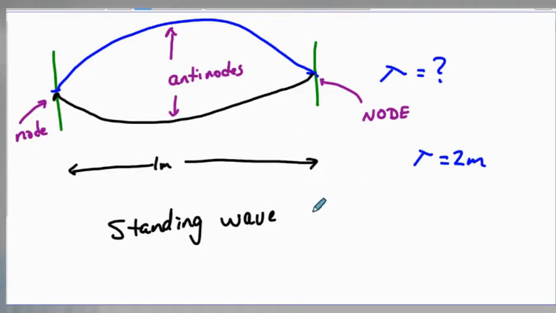When you have one standing wave, we would call this n is 1. The number of standing waves is 1. This is what we would refer to as the standing wave of n is 1. It's what we would call our fundamental frequency.